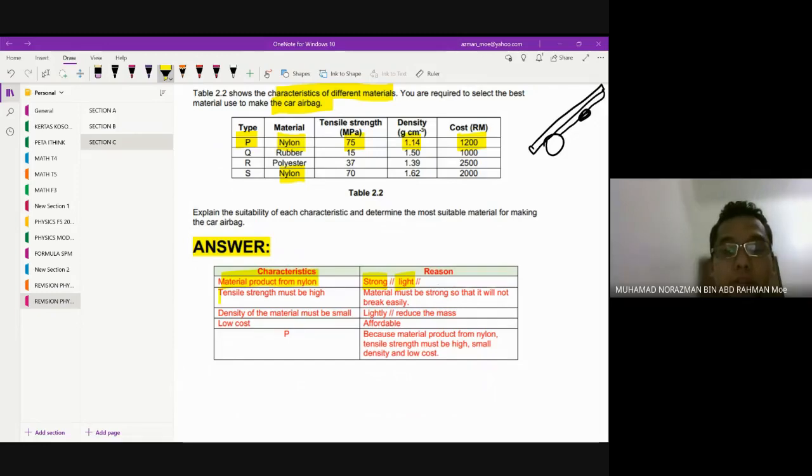Okay, continue. Tensile strength must be high. Material must be strong so that it will not break easily. You can change the sentence. Harder to break.